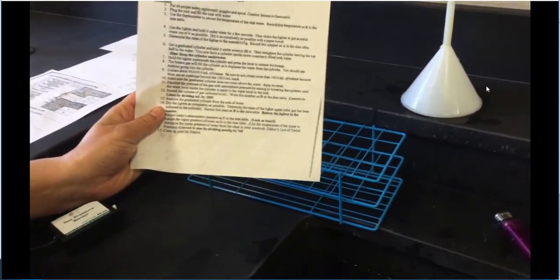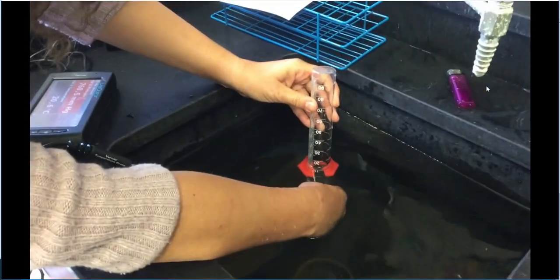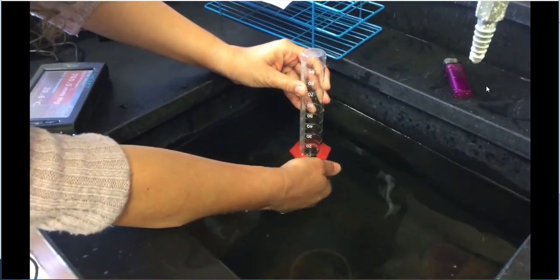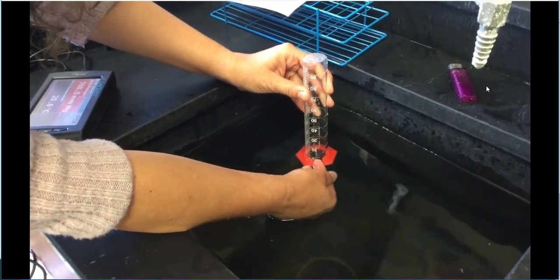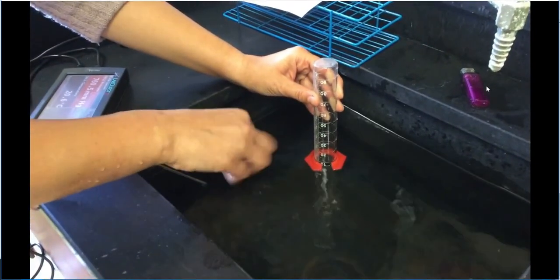As you can notice, I still have my hand in the water. We're going to equalize the pressure to the atmospheric. Raise this carefully until the water level in the sink is level with those red things where our butane kind of stopped right there. Okay, so I'm going to hold it here, and that's going to be our measurement that we're going to grab.